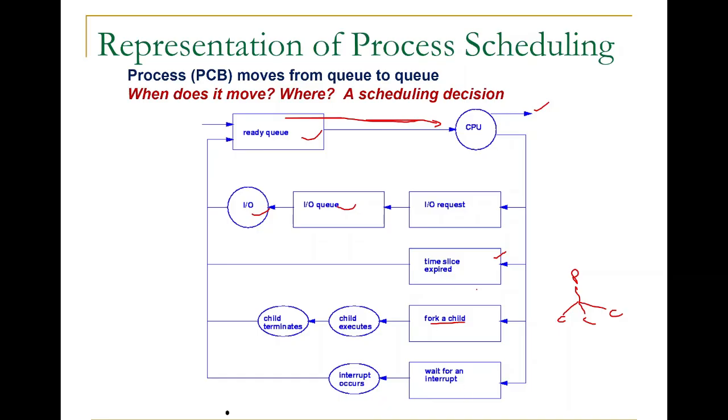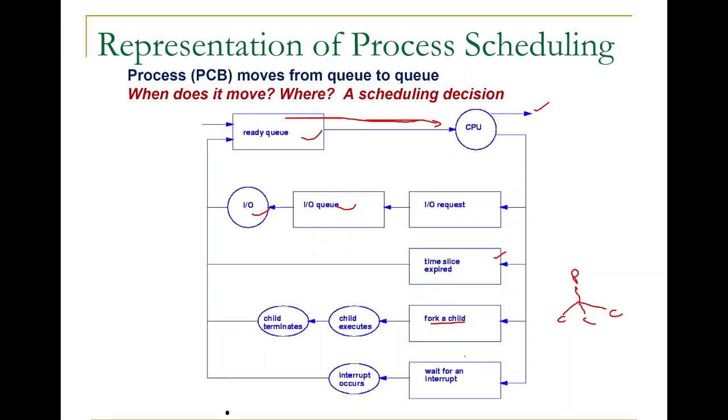Another way a process makes a decision is maybe while it was running, suddenly there was an interrupt, which means a process with higher priority is available. So it has to wait for the interrupt. Once that interrupt is treated, it can go back and line up to be executed again.